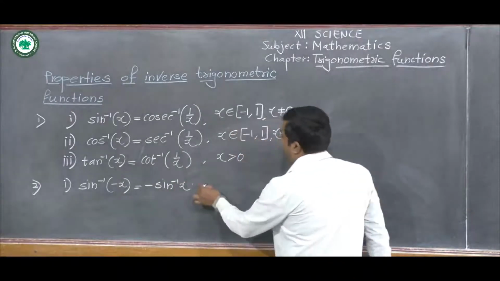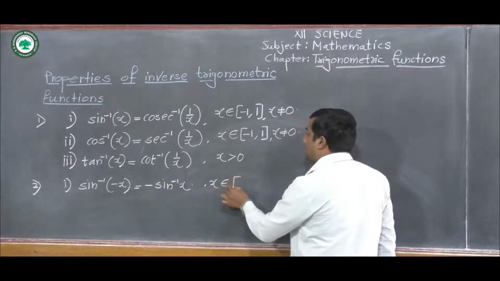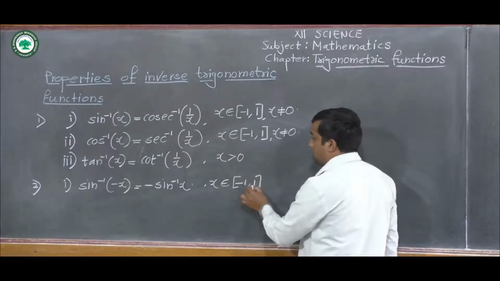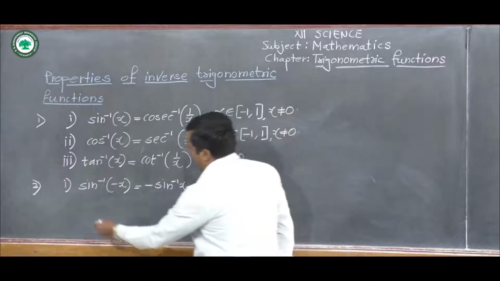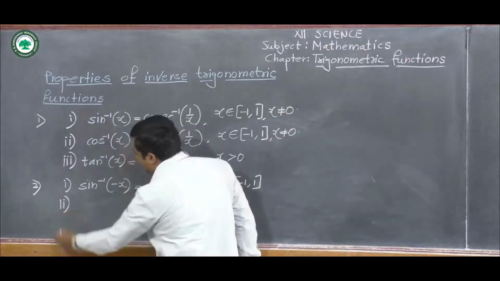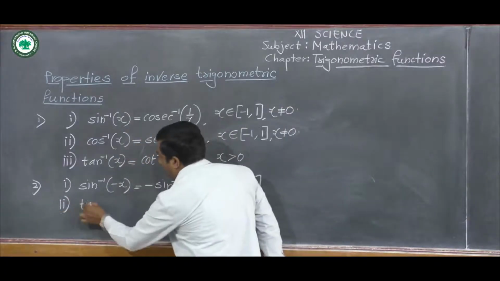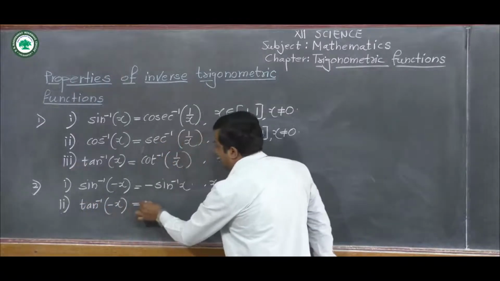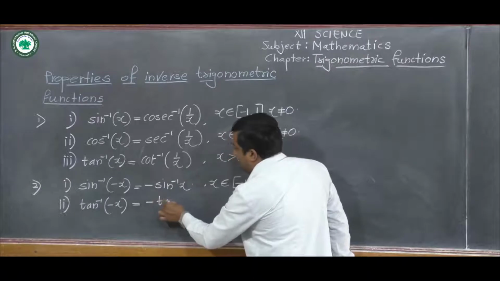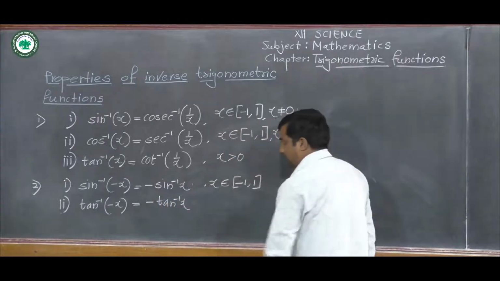And x belongs to the closed interval minus 1 to 1. Then we go with our second sub point. Here we consider tan inverse of minus x. Tan inverse of minus x is again minus tan inverse of x.